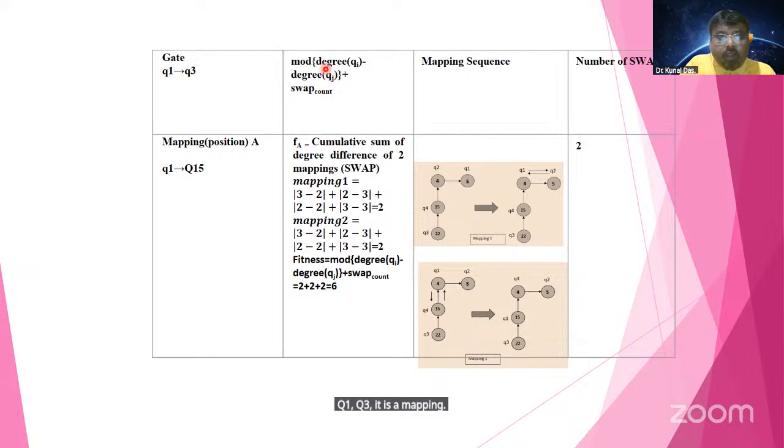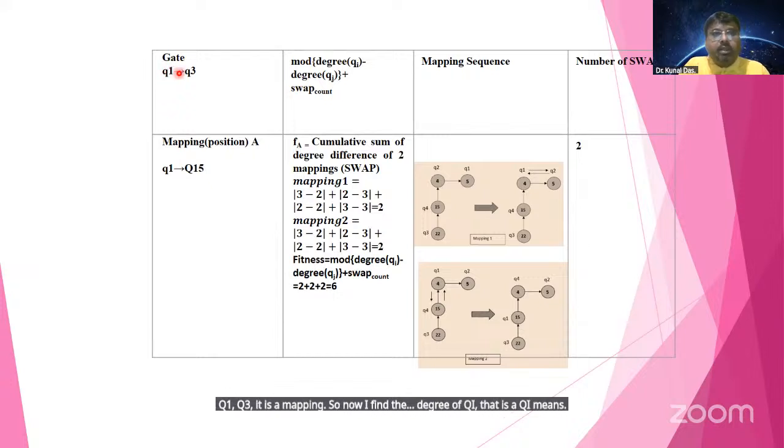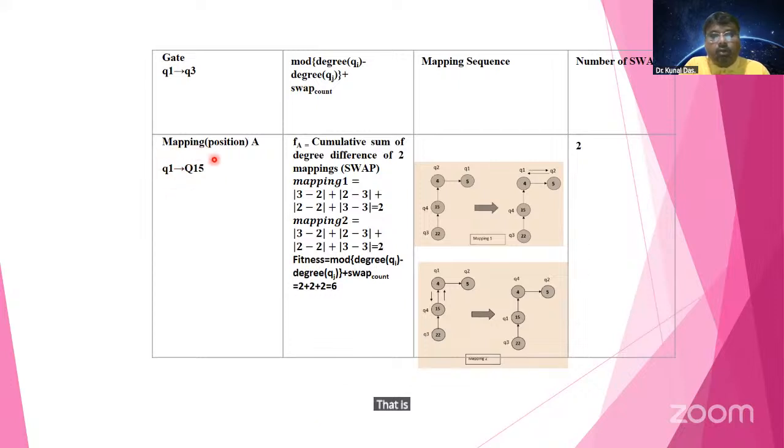So now I find the degree of Qi, that is Q1, Q3, and the degree difference with the degree of Qj, plus swap count. So mapping of this position 1, that is where your routing actually took place.